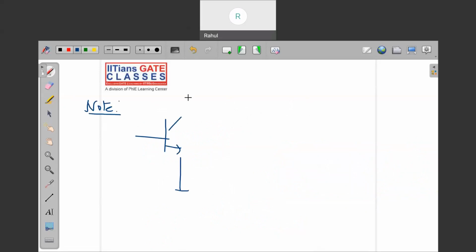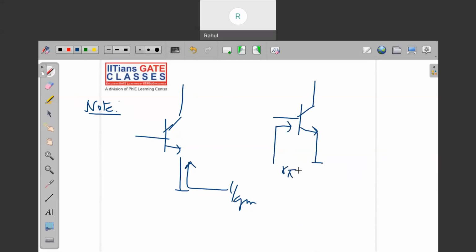Suppose this is a circuit. What is the resistance looking from this point? That is 1 by gm. And if this is a circuit, what is the resistance looking from this? That is r pi.